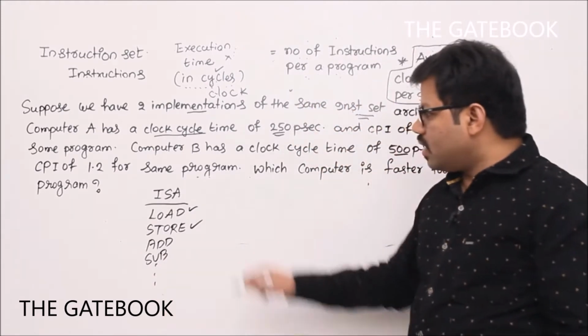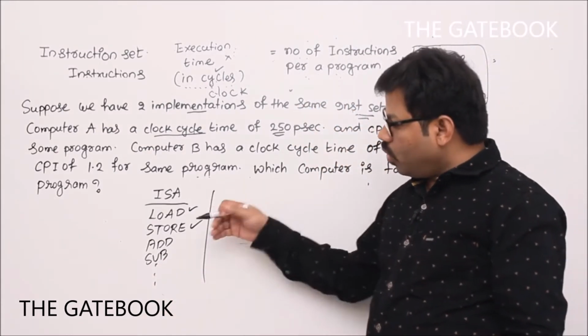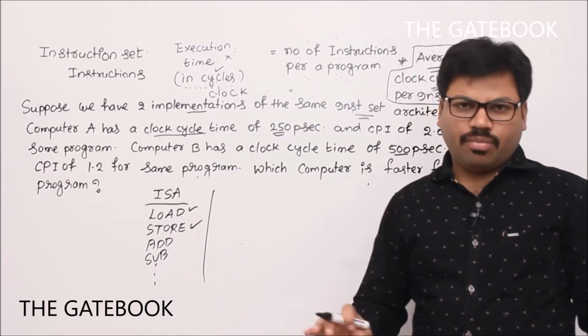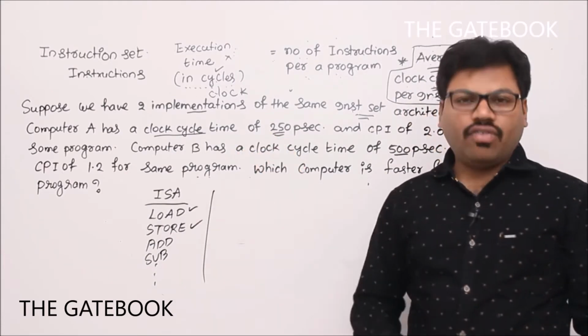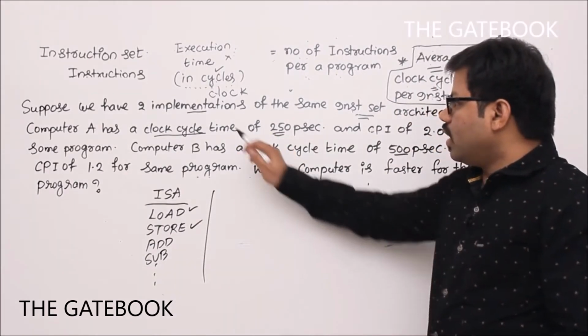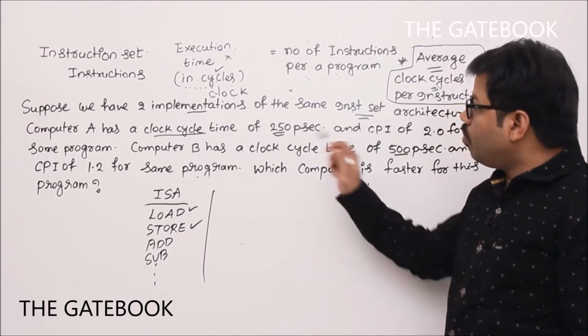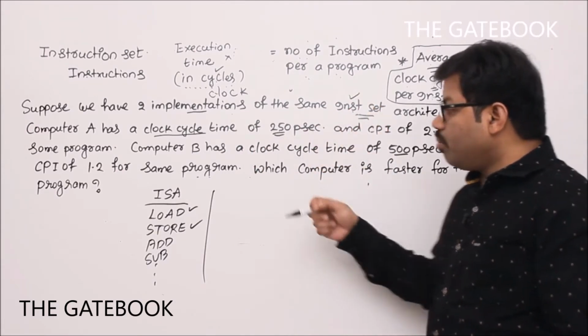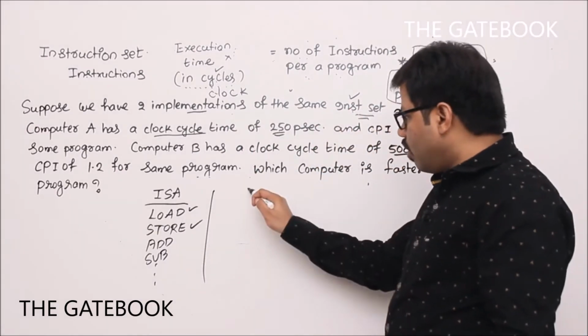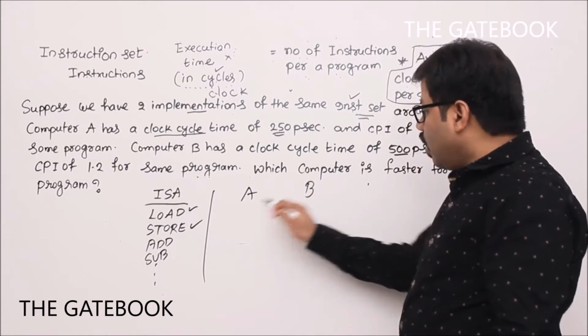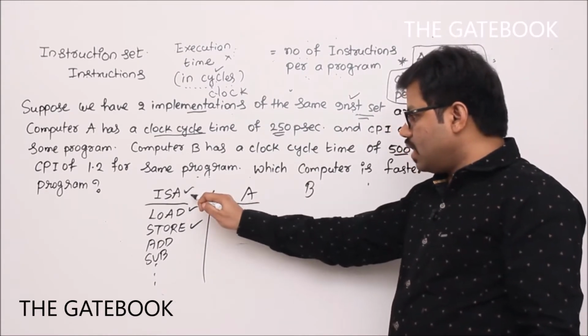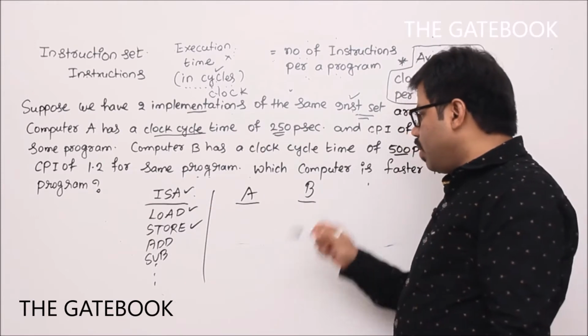You are not changing the instruction set architecture, which means both have the same kind of machine and the same architecture, understand? Suppose we have 2 implementations of the same instruction set, but the implementations are different. So there is a computer A and a computer B. Computer A implements the instruction set architecture in one way, B in another way.